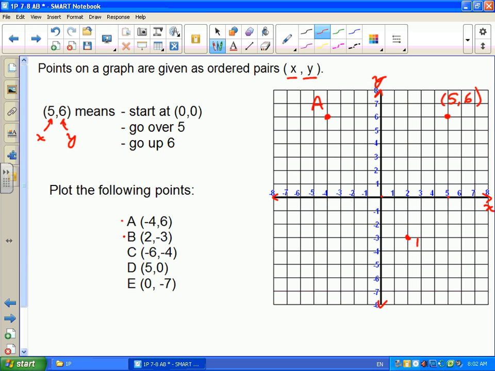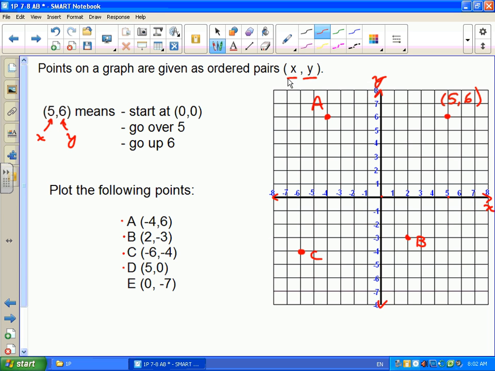And this will be point B right here. C is (-6, -4). So we go negative 6, 2, 3, 4, 5, 6 in the x direction. And then we go down 4, 1, 2, 3, 4. And that gets us point C.